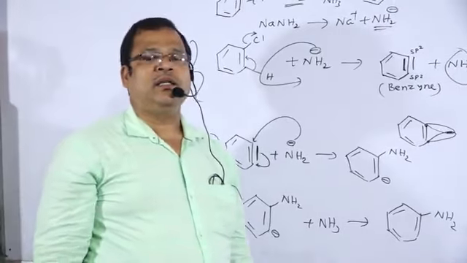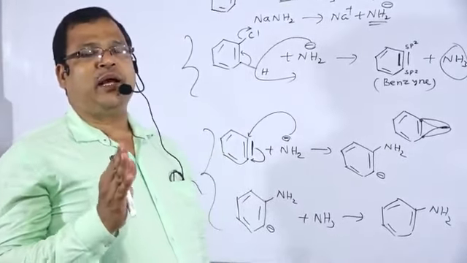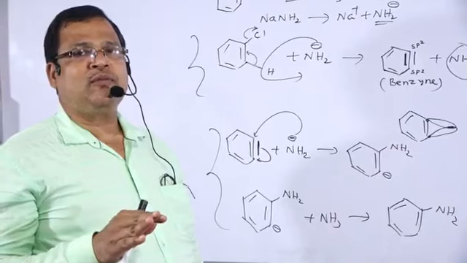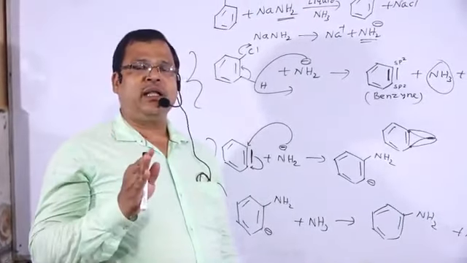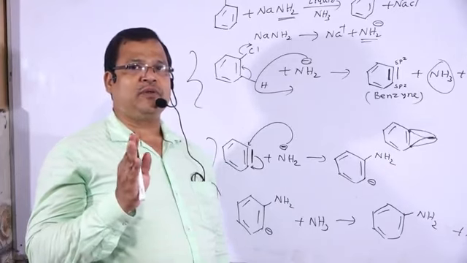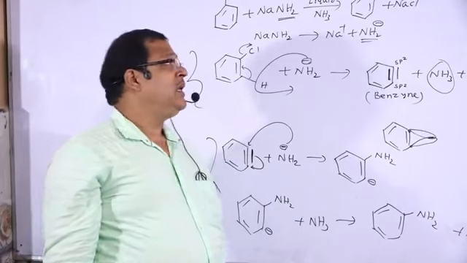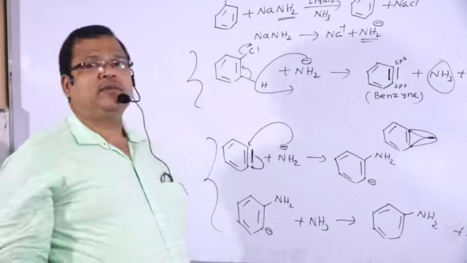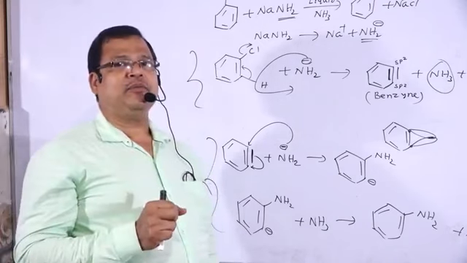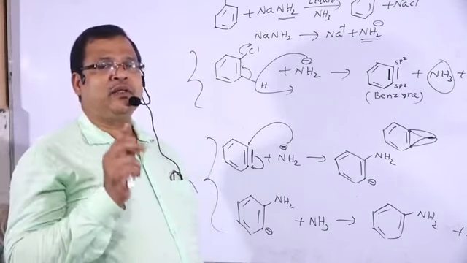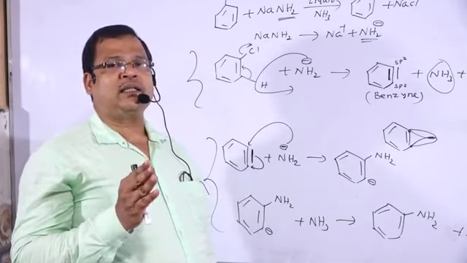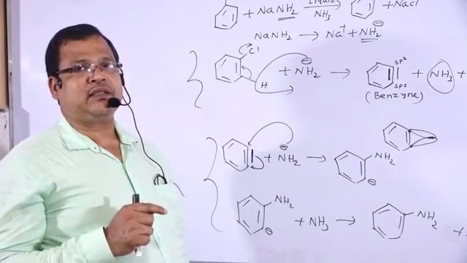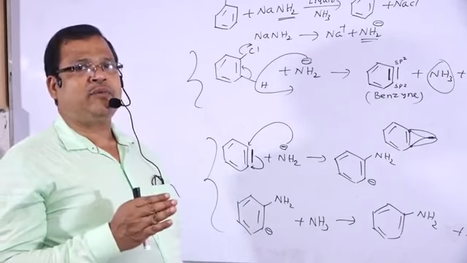We have explained the bimolecular substitution, where there is the involvement of the haloarene and the nucleophile in the slow step. In the first step we have explained, and this is the second one, that is the benzyne mechanism, because the reaction proceeds through benzyne, which acts as a reaction intermediate having a very short life period.